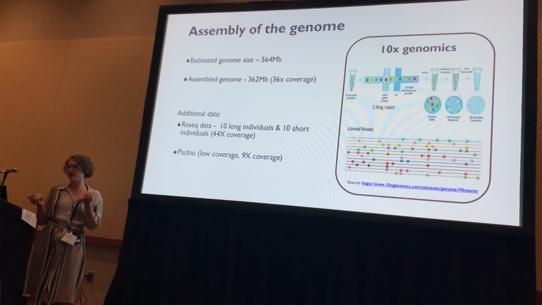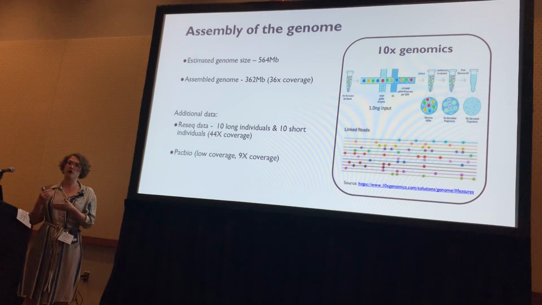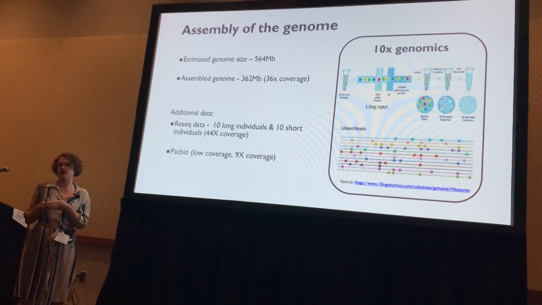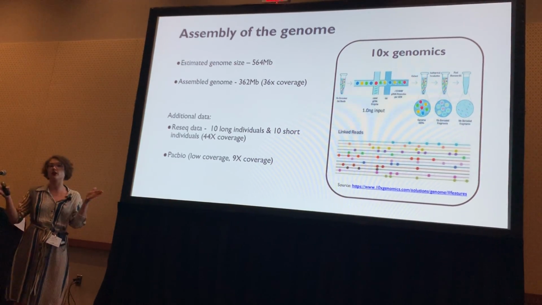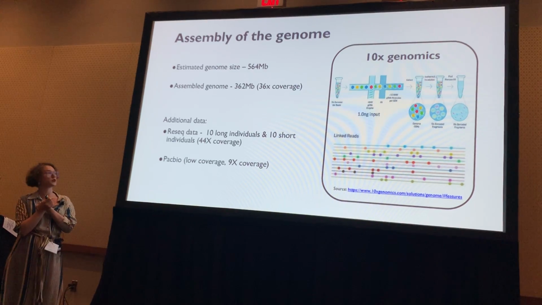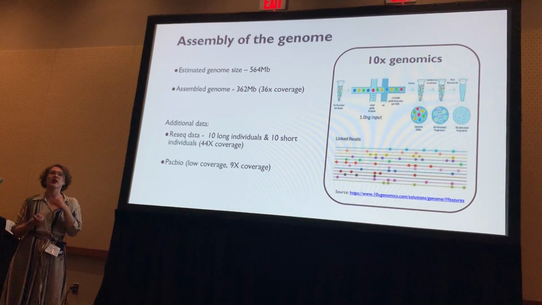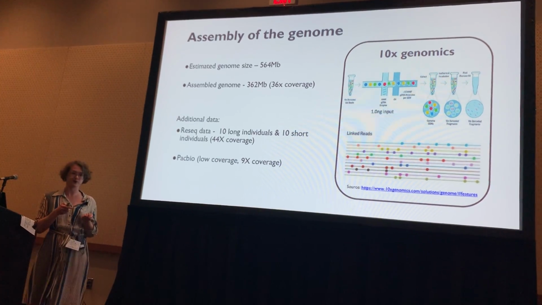So it's not an ideal reference genome, but we also see a lot of repeats in the genome, so we assume that a large part is just collapsed, which is why the assembly is smaller. Further on, I also use resequencing data of 10 long individuals and 10 short ones, and PacBio data.